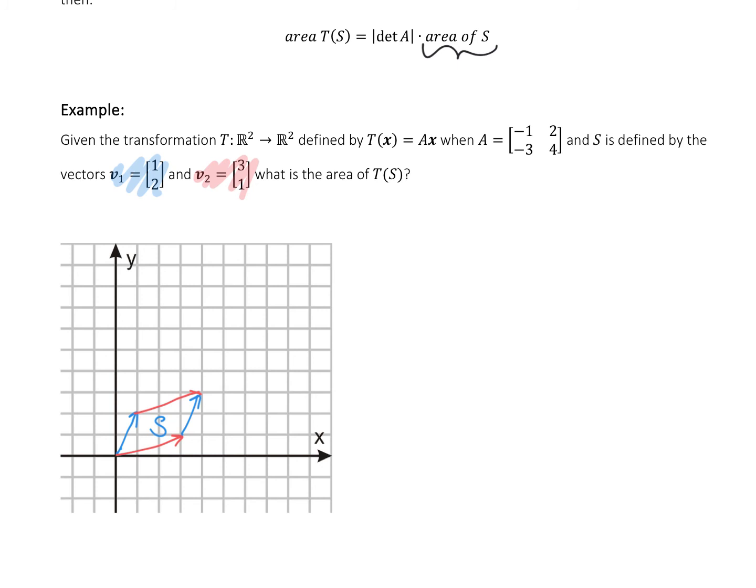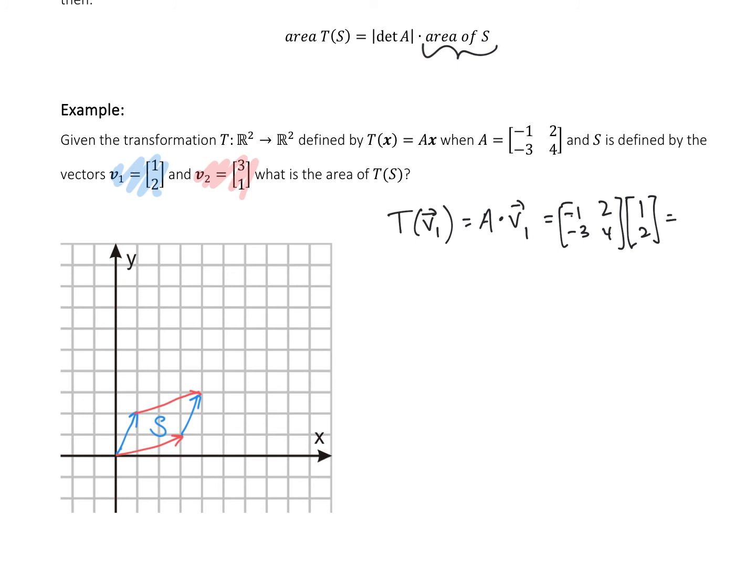And we need to define a couple of things. First, we need to know what T of V1 looks like. All that means is substitute V1 in for X, so that's A times V1, which is -1, -3, 2, 4, times 1, 2.